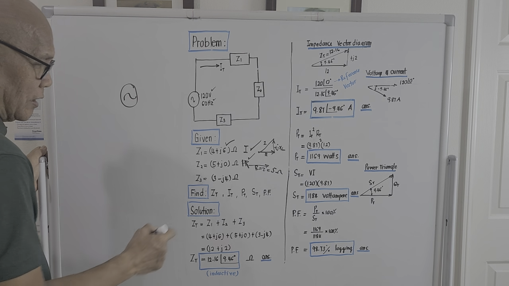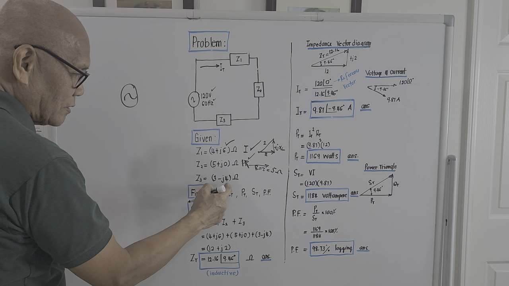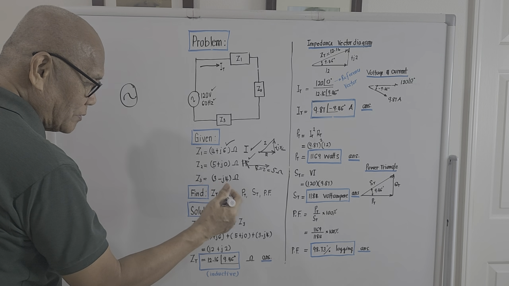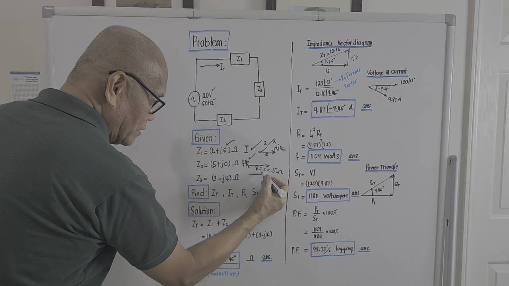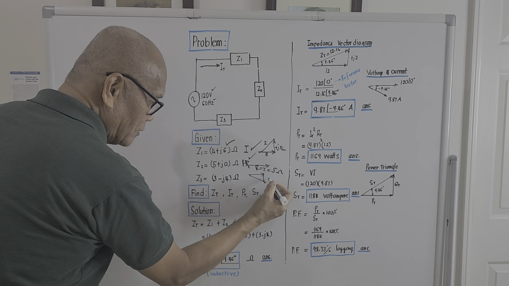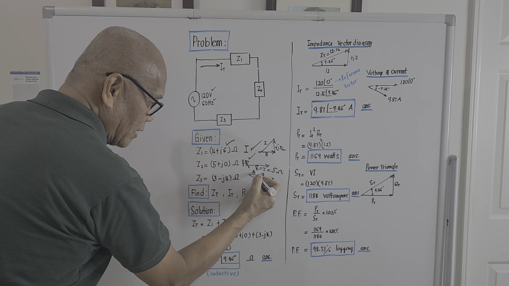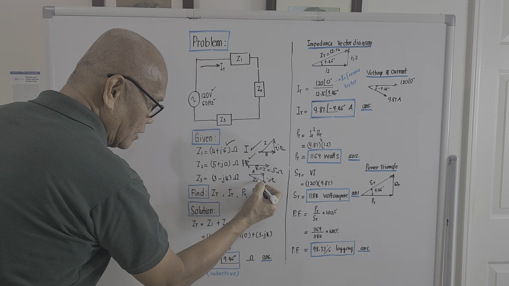Z3, the real part is 3, the imaginary part is 4, but this is negative. So if we bring out the vector diagram, it should be downward. This is minus jX of C, this is R, and this is Z3.